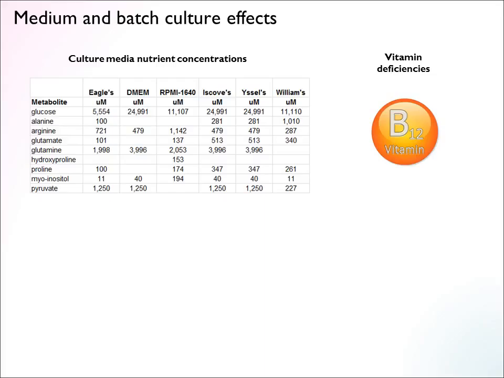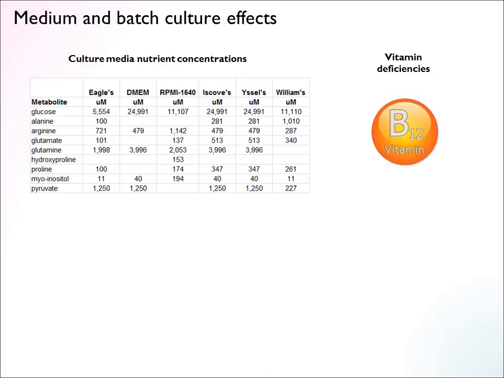And this is because these culture media have been developed in a kind of brute force fashion, optimized to have as much cell growth as possible. And usually for some particular cell type that the investigator was interested in. So it's optimized for that, and they picked whatever concentrations seem to work to get their cells to grow as fast as possible. And it's not always designed to be physiological. That was never the purpose.